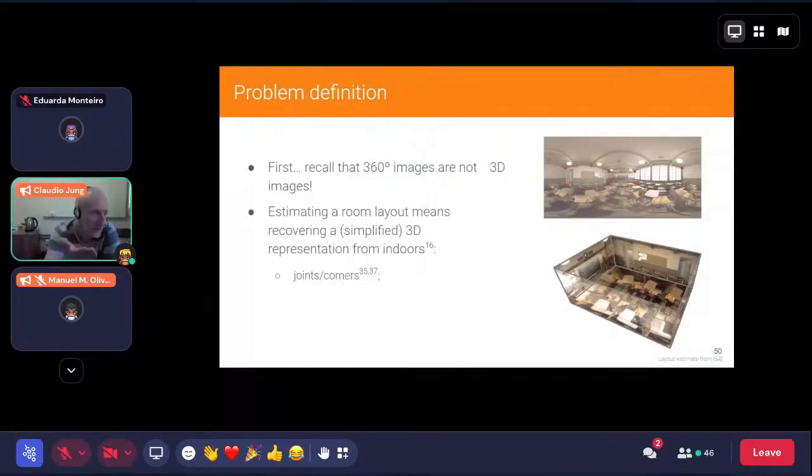And as you can see, these lines that relate to the connections between the walls and floors and ceilings are straight in the real world, in the 3D world, but when you project to panoramas, they are curved, as you can see here.